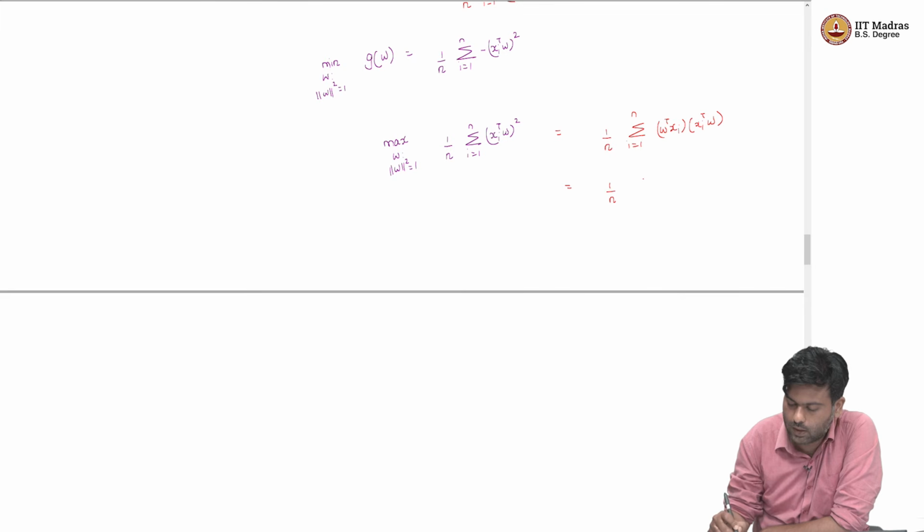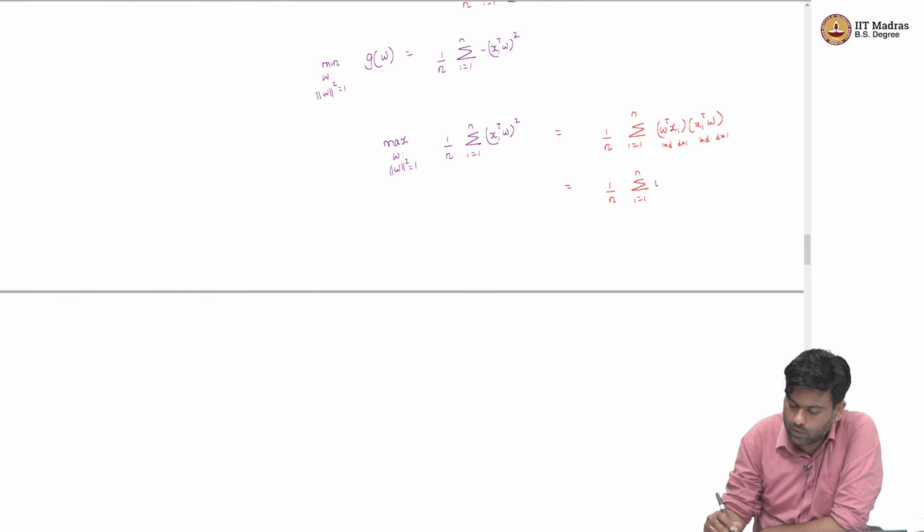Remember W is a vector in R d. So W transpose can be thought of as a 1 cross d vector, xi is a d cross 1 vector, xi transpose is a 1 cross d vector, W is a d cross 1 vector. Vectors are all column vectors by default, the transposes would be row vectors.